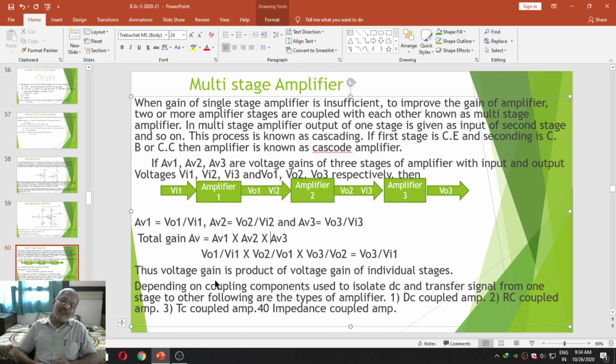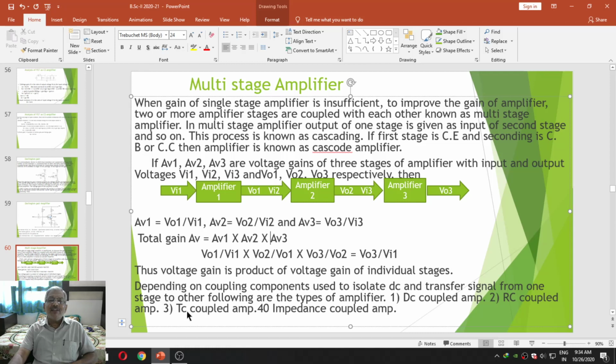Second one is RC coupled amplifier. To couple output of first stage with the input of second stage, resistance and capacitors are used as coupling components. So that's why it is called as RC coupled amplifier. Third one is TC coupled amplifier.